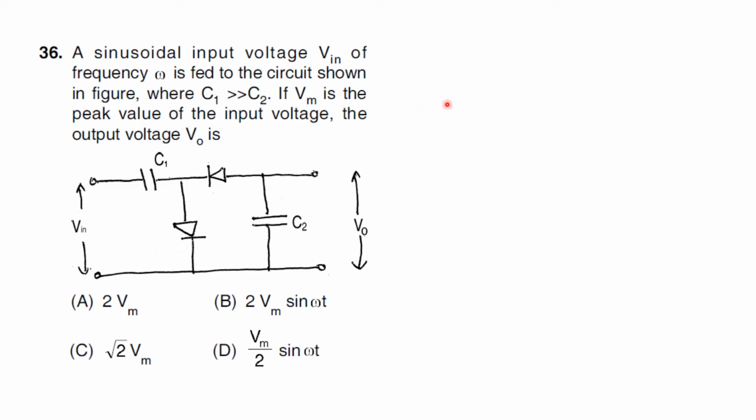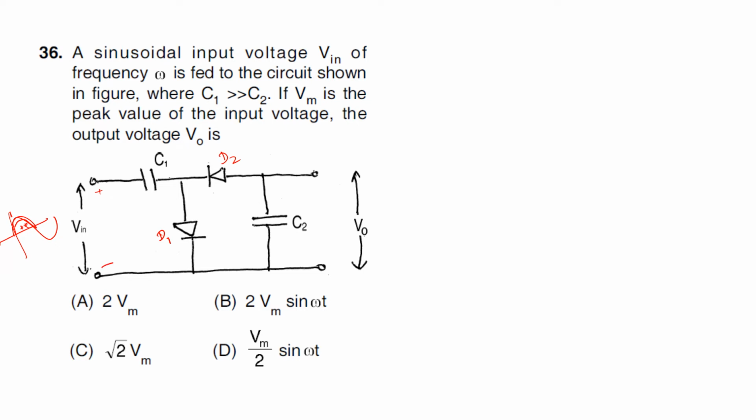During positive half cycle, D1 is forward biased. If you consider this one as D1 and this one as D2, during positive half cycle this becomes plus and this becomes minus.